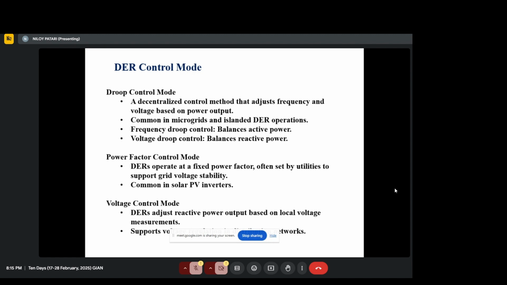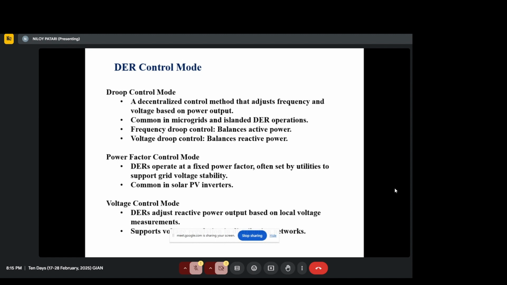Now, all these control modes are explained in literature, and how to use these control modes in different operations is explained in the IEEE 1547 standard. IEEE 1547 is a standard that we have to follow whenever we design or operate DERs connected to the grid through a converter.